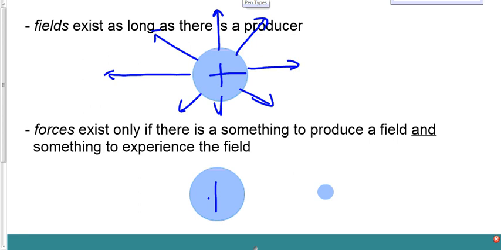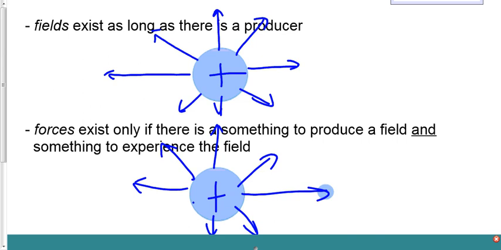I've got my positive charge with the field going outwards away from it, but I got this experiencer over here. These diagrams are almost the same. In the top diagram, all I have is a field because there's nothing to experience it. In the bottom diagram, I have my field, but I also have a force. A push or a pull on this guy right here.